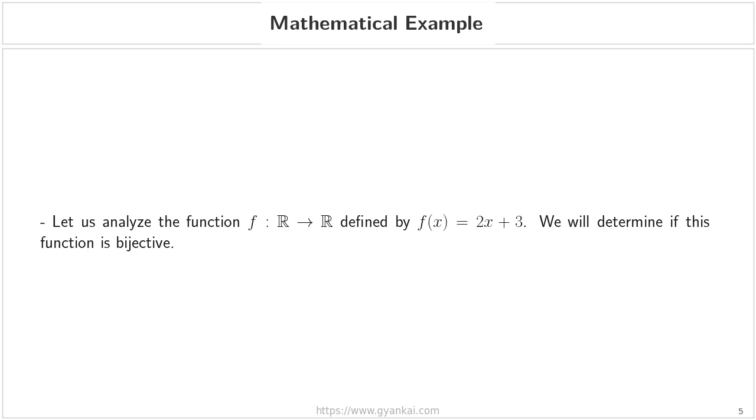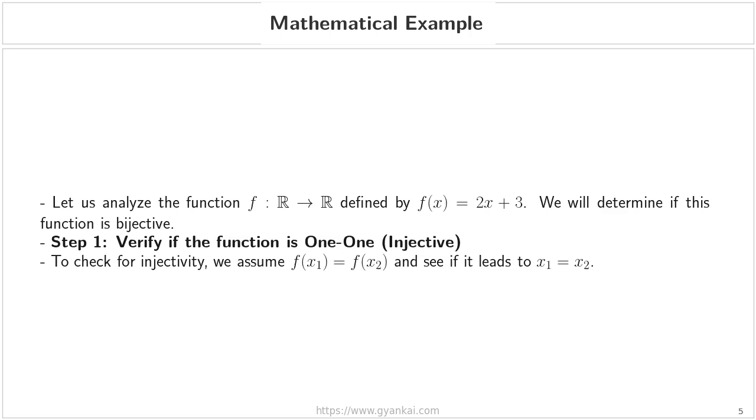To do this, we must follow the two-step verification process we discussed in the previous slides. First, we need to verify if the function is 1-1, also known as injective. As a reminder, a function is 1-1 if distinct inputs always produce distinct outputs. To prove this mathematically, we begin by assuming that the output for two different inputs is the same.